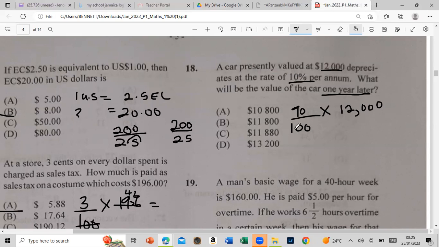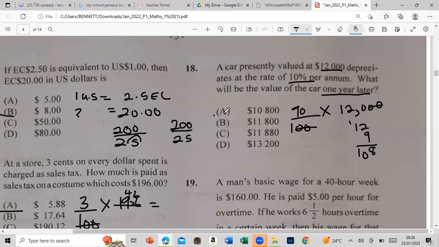Alright, so 9 times 12, that will give you the idea. 9 twos are 18, 9 ones are 9, and 1 carried, 108.